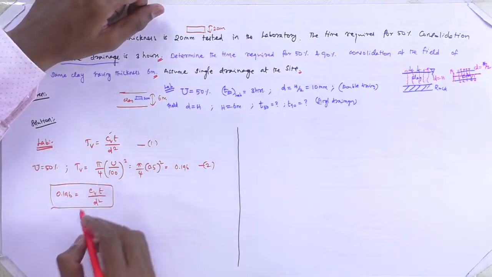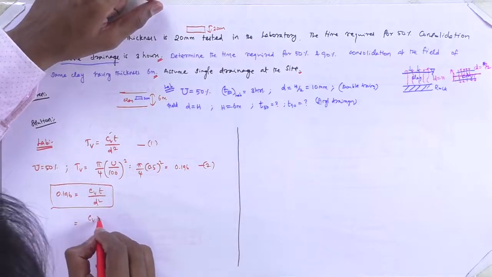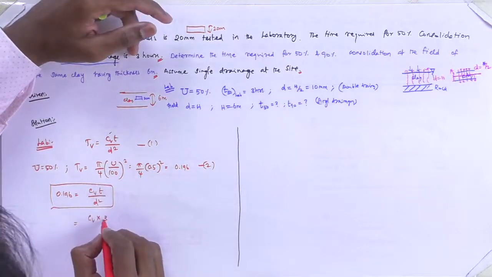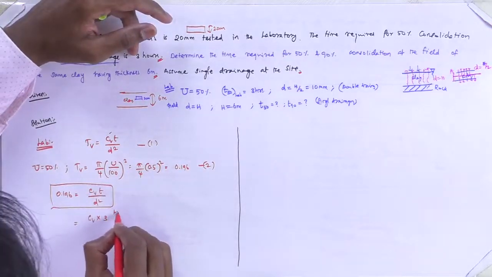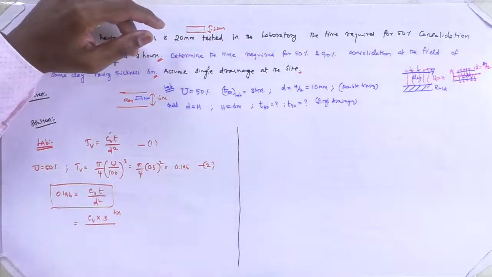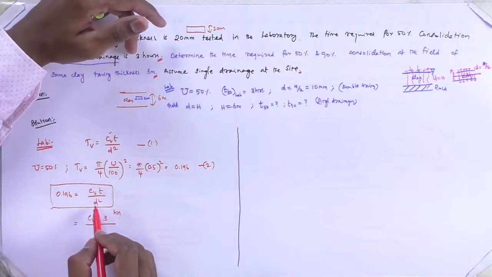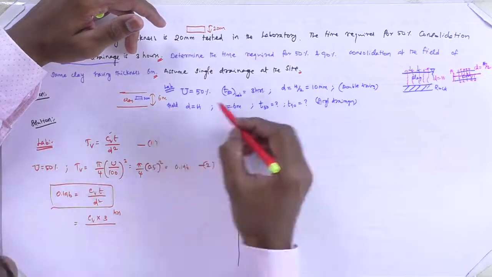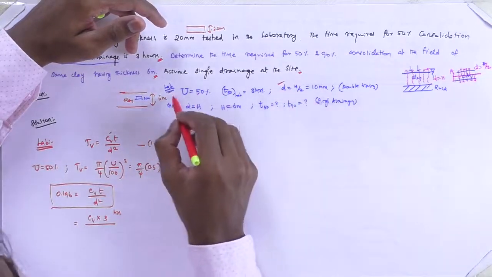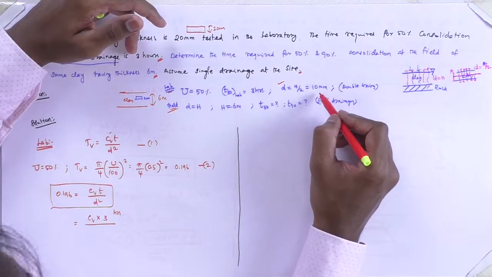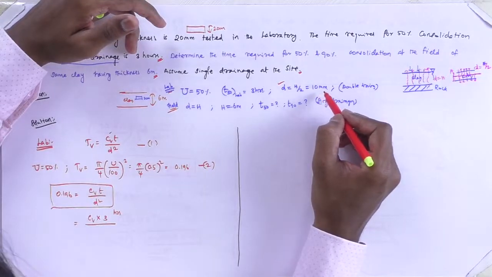So here, except CV, the time is 3 hours, and for D square, at the lab the D is 10 mm.